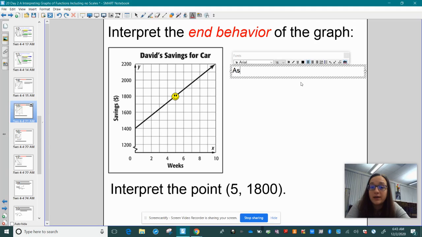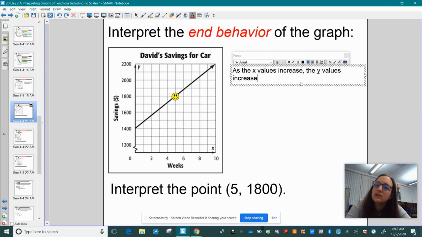As the X values increase, the Y values increase, right? As the weeks go by, he's saving more and more money. That's why it's a positive slope here. Everything is increasing. The X values increase, the Y values increase.